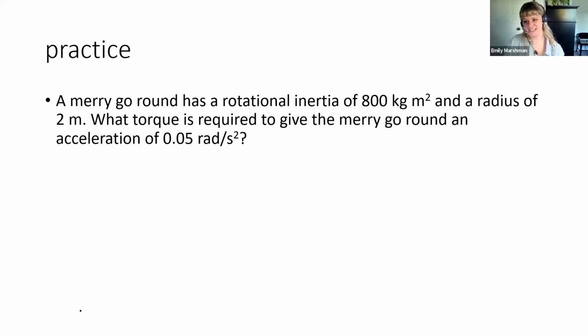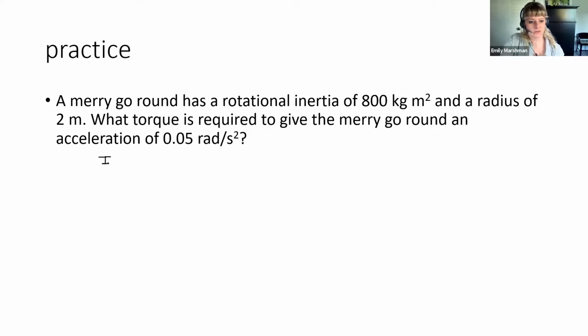Let's practice this using a little bit of math for our last practice problem. A merry-go-round has a rotational inertia of 800 kilogram meters squared and a radius of 2 meters. What torque is required to give the merry-go-round an angular acceleration of 0.05 radians per second squared?